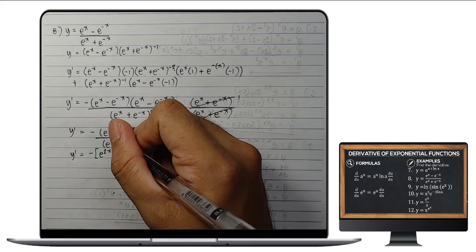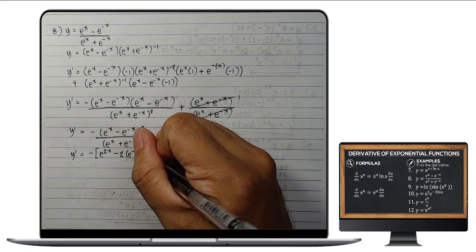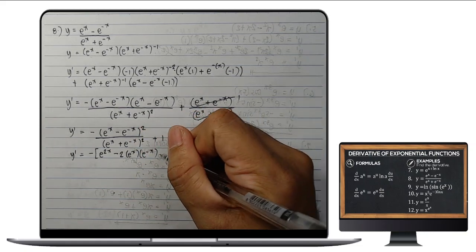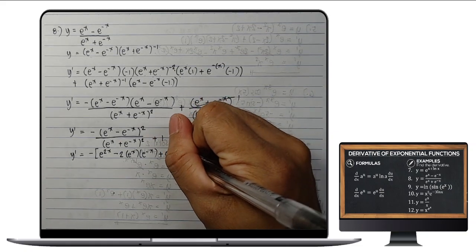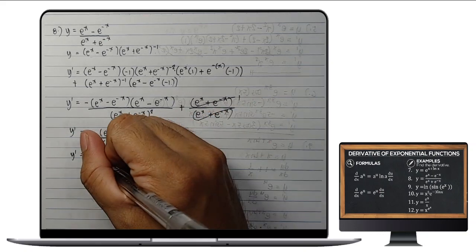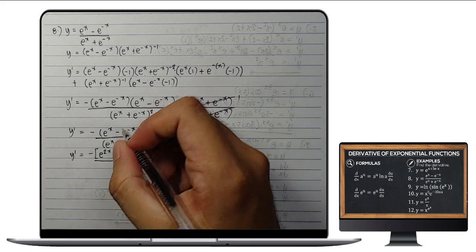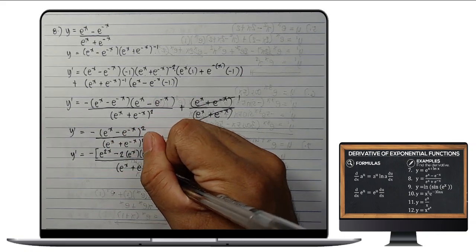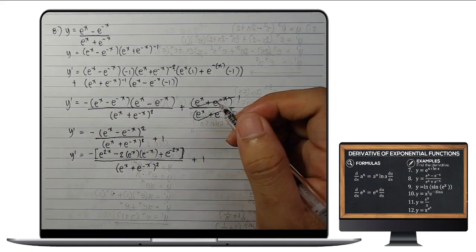Then minus the product of, so 2 times e raised to x and e raised to negative x, and plus squaring the last term. So e raised to negative 2x. Okay, divided by e raised to x plus e raised to negative x being square, then plus 1.